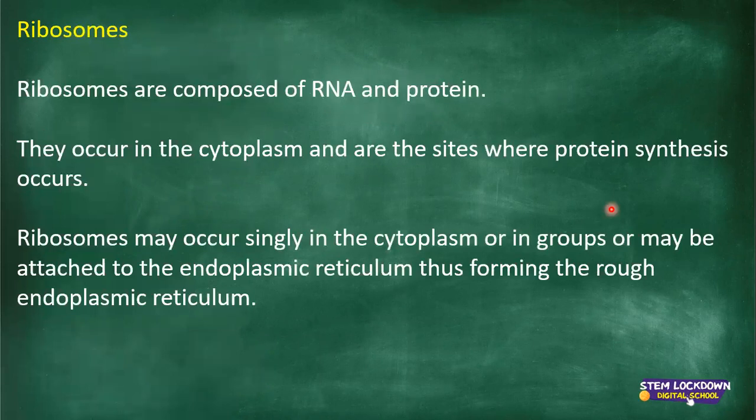They occur in the cytoplasm and are the sites where protein synthesis occurs. So that's the thing about ribosomes. Remember that what we've been learning about so far is the DNA. Now we see RNA. They occur in the cytoplasm. These are the sites where protein synthesis occurs.